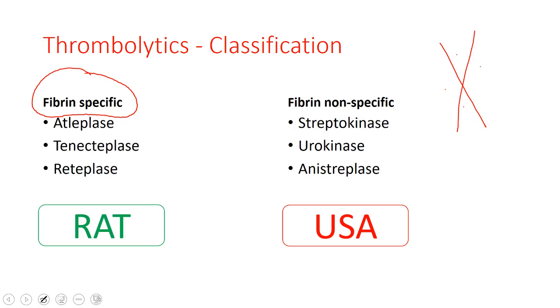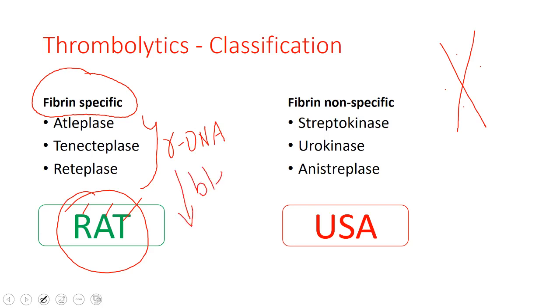So we have the mnemonic RAT: reteplase, alteplase, tenecteplase. These are obtained by recombinant DNA technology. So these are specific. They are very good. They have reduced risk of bleeding because they are specific.